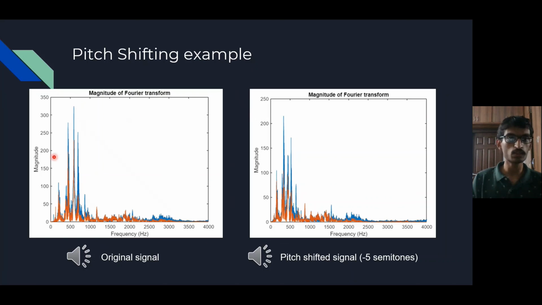The plot on the left shows the frequency spectrum of the original signal, and the plot on the right shows the frequency spectrum of the pitch shifted signal. That is, I pitch shifted it by -5 semitones. So you can see that the peak frequency in the left plot is higher than the peak frequency in the right plot, showing that the pitch shifting was done successfully.